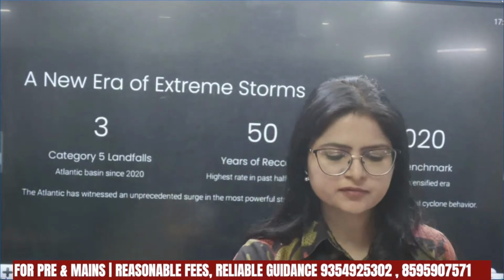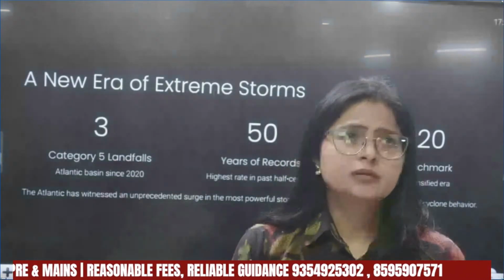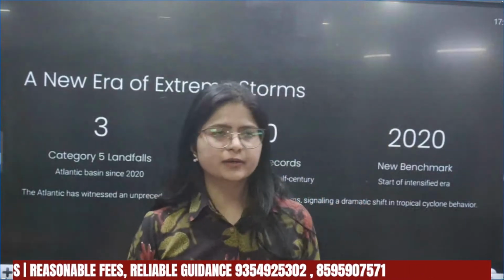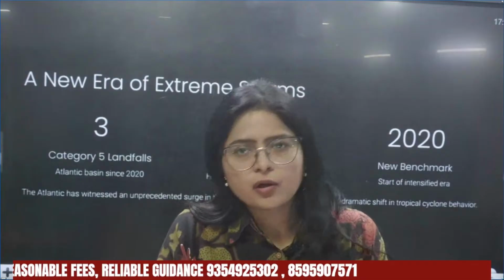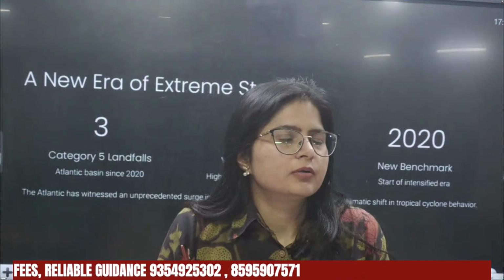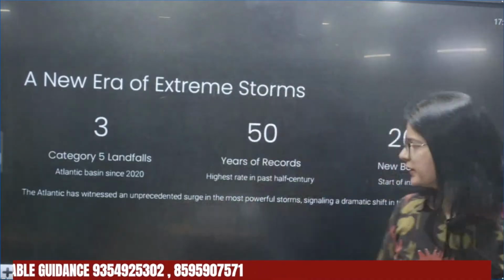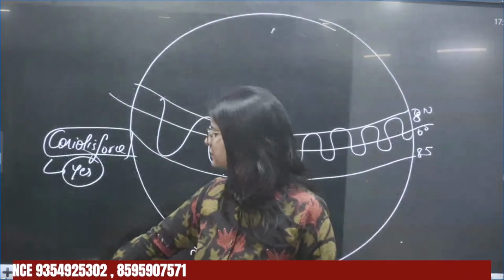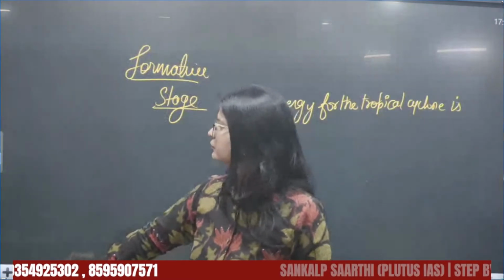So these are the types of recent events which have happened. Even in the Bay of Bengal, there are some cyclones which have come, which I am going to do in the mapping session with you all. But for now, you can write all these examples. If you want to take down these examples, you can definitely take it down. All of you online students, have you taken down? Just let me know once so that I can wait for you to jot it down.